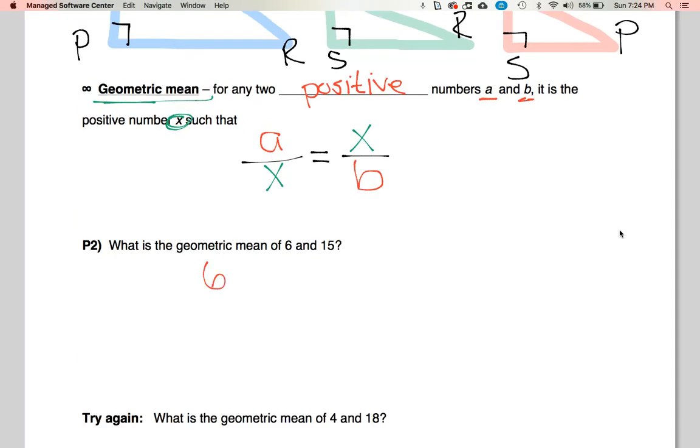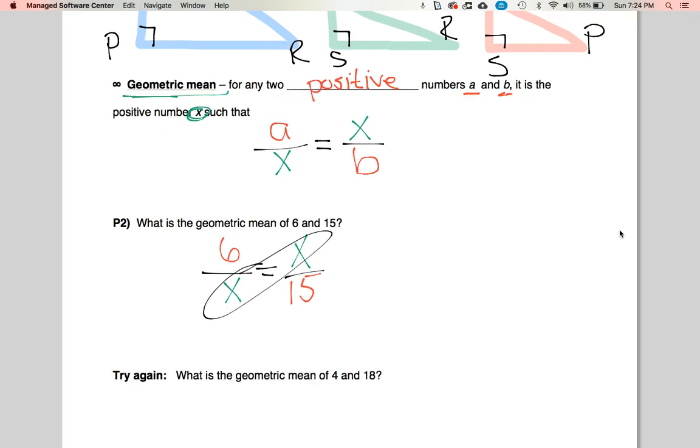So what is the geometric mean? So 6 over x equals x over 15. Yes, this becomes quadratic. So x squared equals, I jumped ahead a little bit too much. x squared equals 90.